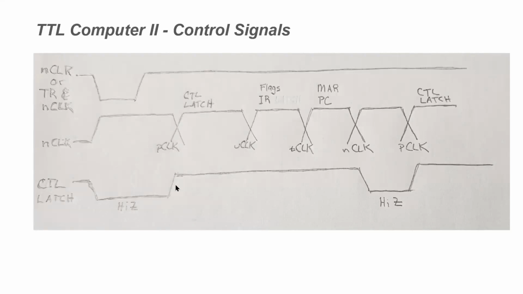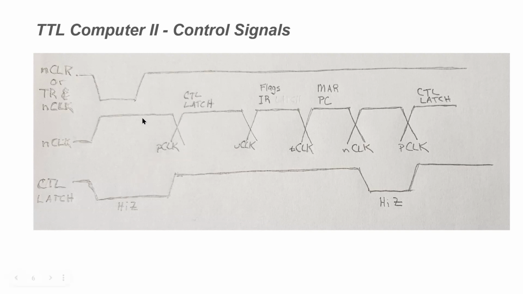So right at this phase, the P clock is going high, the control latch output is enabled, and right here is where we are signaling, we are capturing the output from the EEPROM, and we are clocking that into our latches right here at the transition of the P clock to the high state.